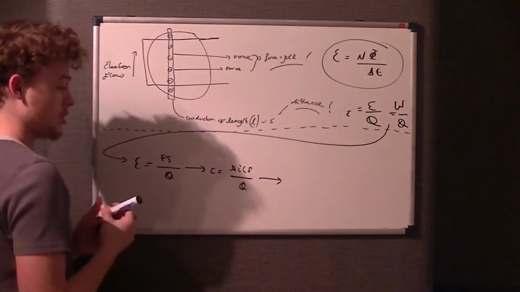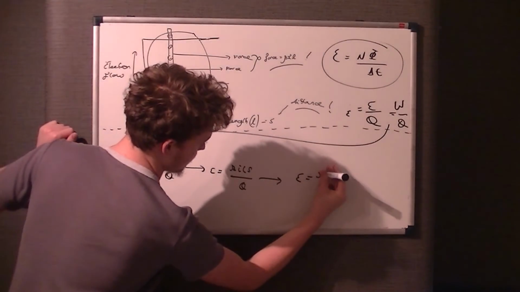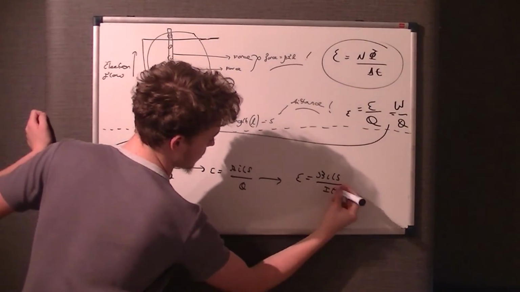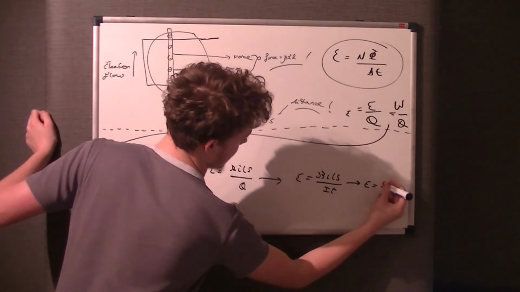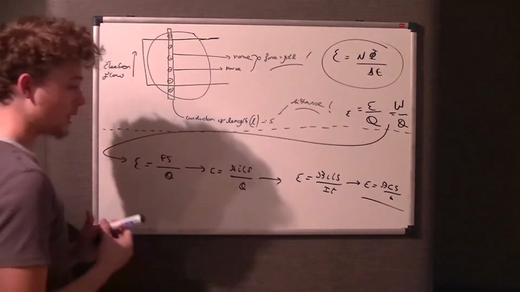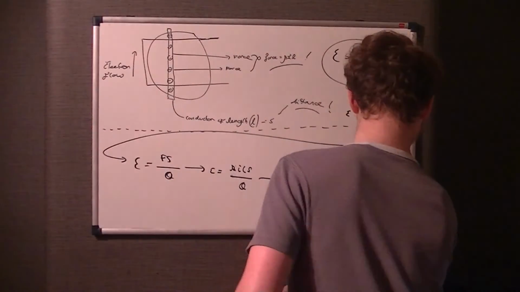And we know the charge is Q equals IT, so the EMF is equal to BILS over IT, which means these two I's cancel, therefore the EMF is equal to BLS over T. So that's one equation you could use.